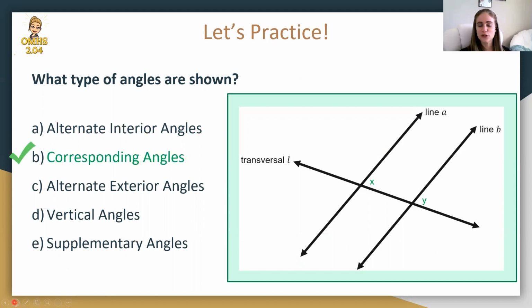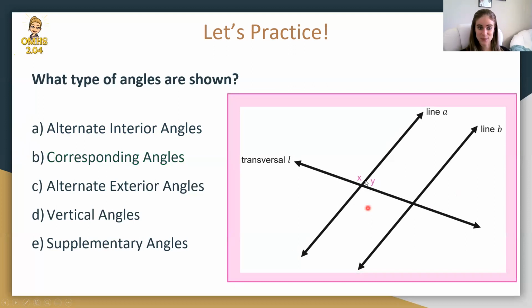This is an example of corresponding angles. Corresponding are on the same side. So both the X and the Y are on top of our transversal, but they're in the same spot, just a different line. So X is on the right side of line A, Y is on the right side of line B. Therefore, they're corresponding angles.